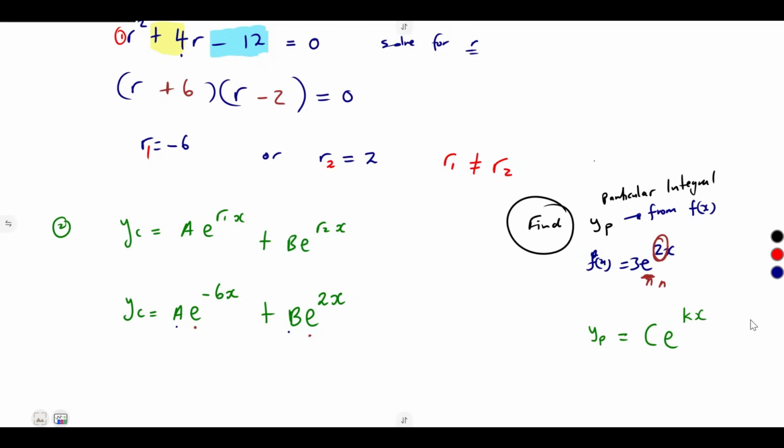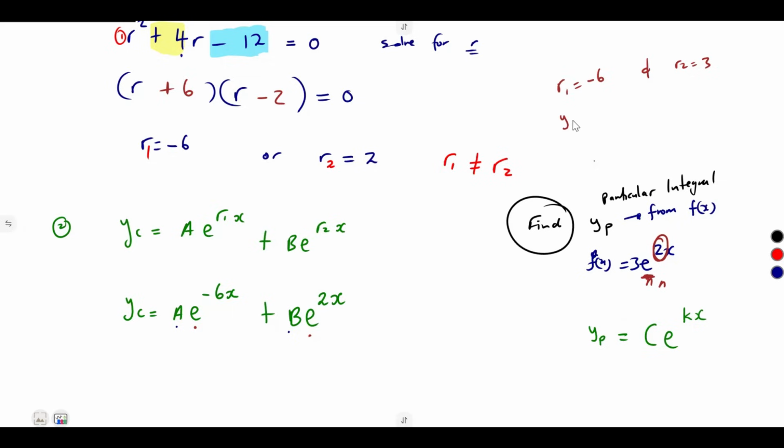Guys, we can have a condition like this. Let me put it this way. We can have a condition where we solve our auxiliary equation properly. Then let's say these values were, let us just say, R1 is equal to -6. And we have got R2, which is equal to 3. They're different.